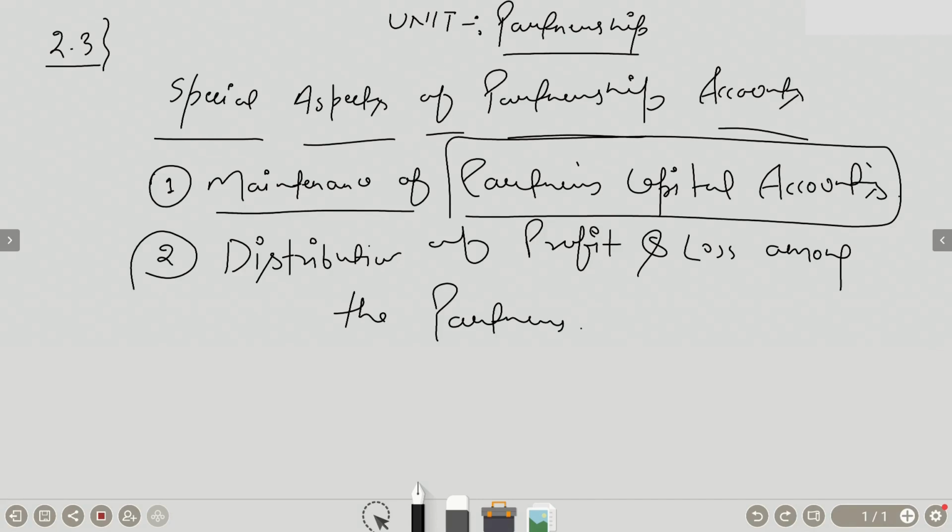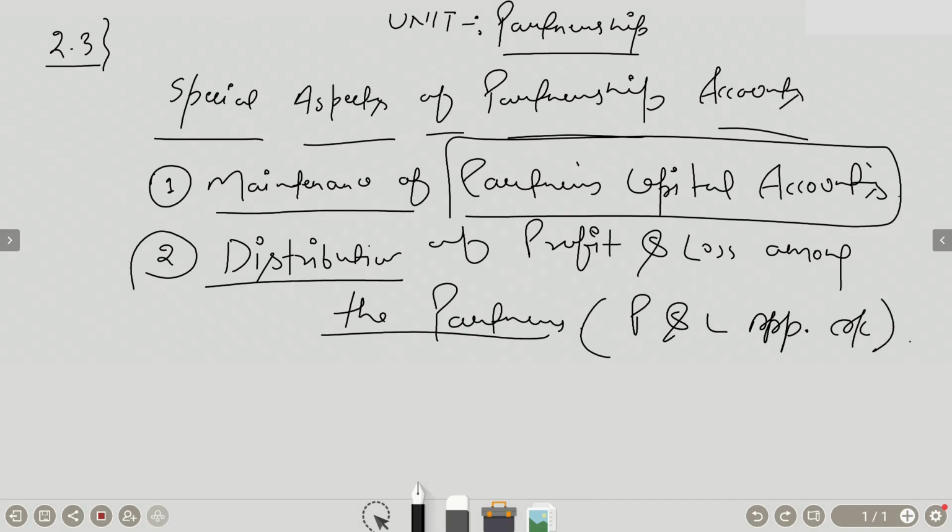So the second thing to keep in mind while doing business in a partnership firm is that we have to keep a look at the distribution of profit or loss among the partners. For that, we are going to prepare the profit and loss appropriation account. I hope you understood this point.